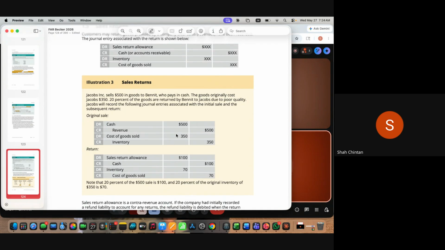Now this entry will hold good जब 100% of the goods are returned. भाई साहब ने क्या किया है, 20% of the goods उन्होंने return कर दी है. तो जितना revenue था उसका 20% भी reversed. So revenue account debited to cash 100, inventory account debited to cost of goods sold 350 का 20% which is 70. Sales return allowance is clubbed to your revenue account only.